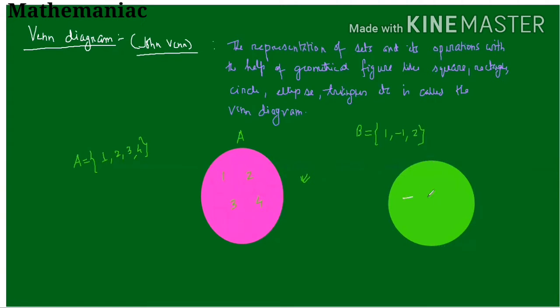Anywhere you write, there is no such restriction that you should write 1 here, 2 here, etc. So this is set A, and this is set B. You must write the name here also. So this is how we represent the sets. Please, once you finish, again you tell.